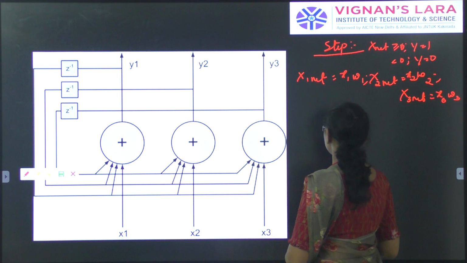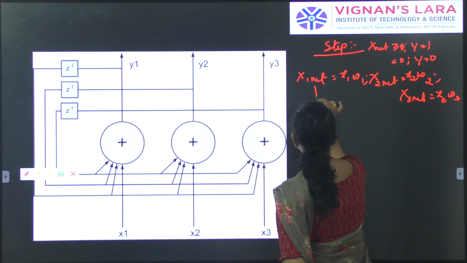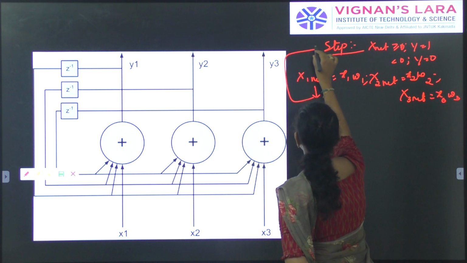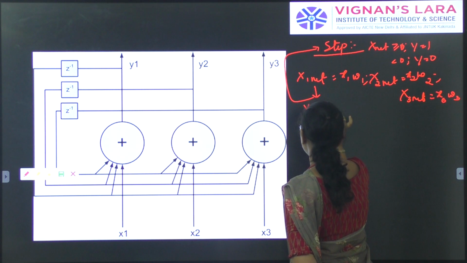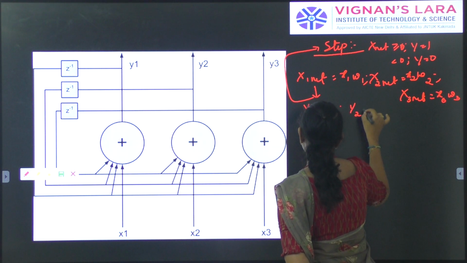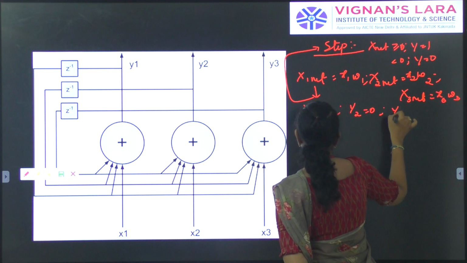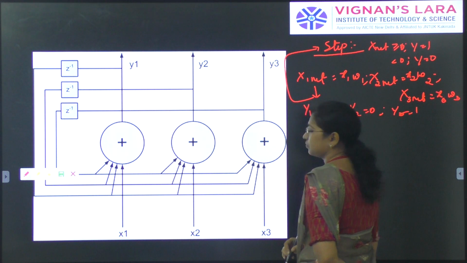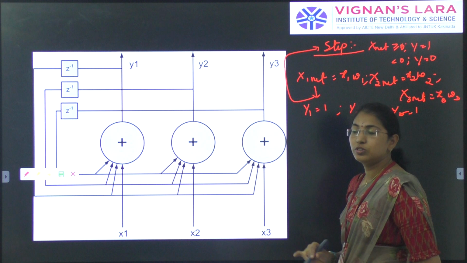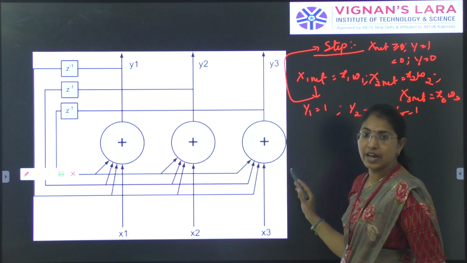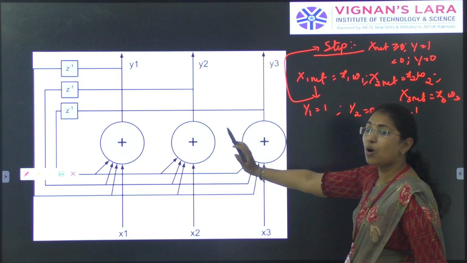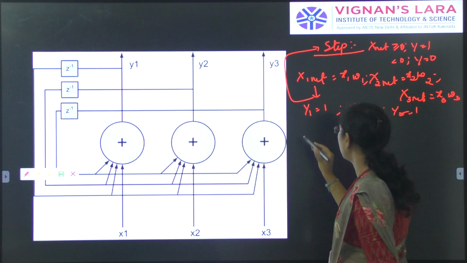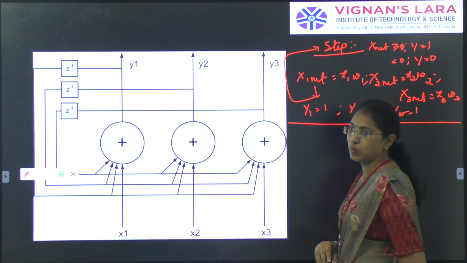Now, this is passed through the step activation function. Let us consider I have got y1 as 1, y2 as 0, y3 as 1. Now the three outputs y1, y2 and y3 are fed as inputs to all the 3 inputs, and then you need to update output values.